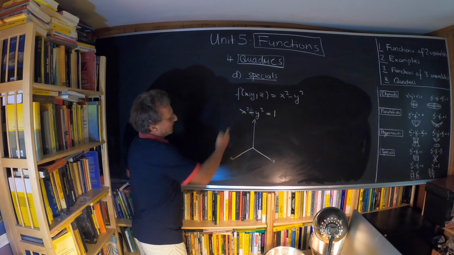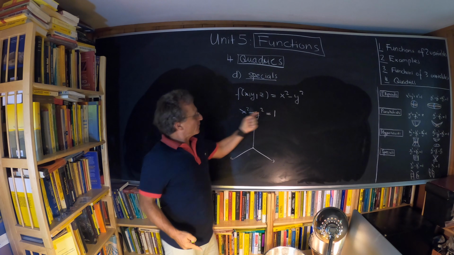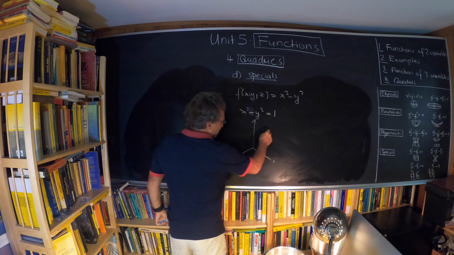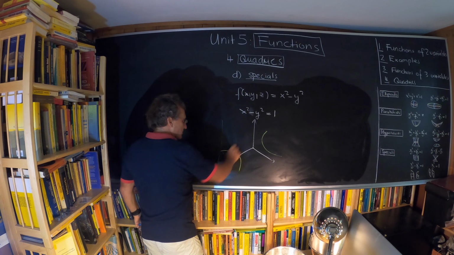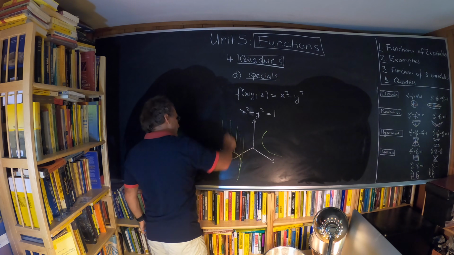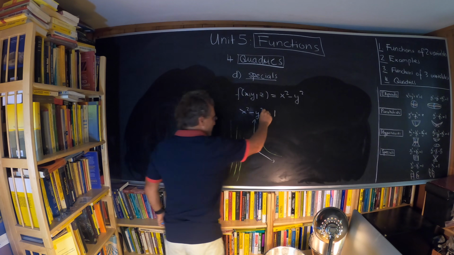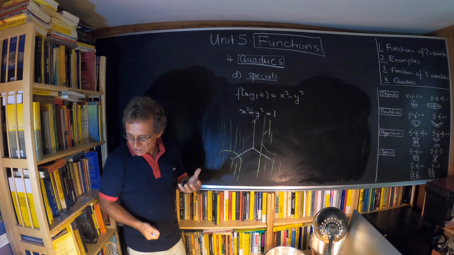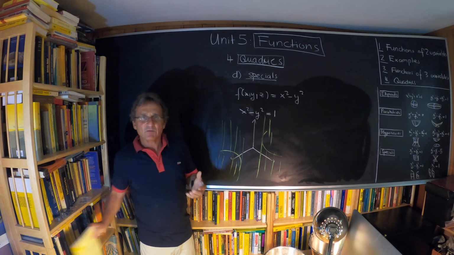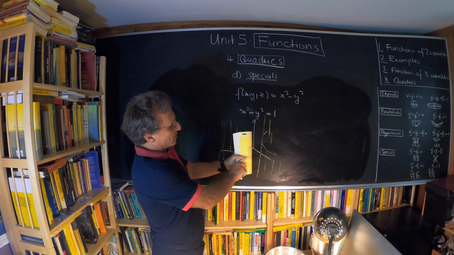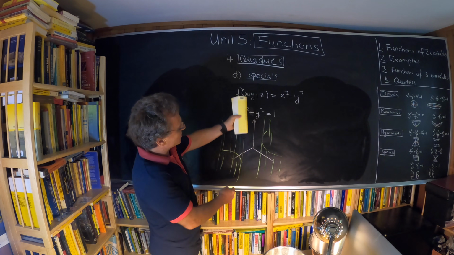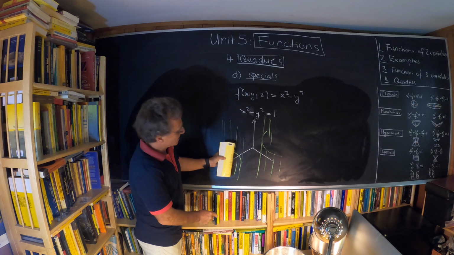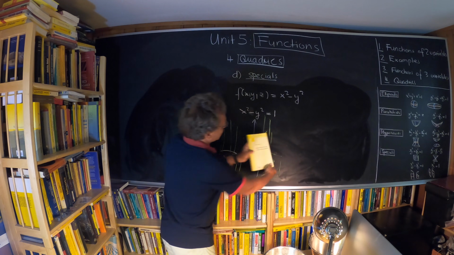So if you look at this case here, x squared minus y squared, and you take this equal to constant, like 1, you see here there's a hyperbola here. But now also it doesn't depend on z. Right? That's why you have this shape. So that always happens if you have a function which doesn't depend on z. So what happens is this produces a cylindrical type surface also here.